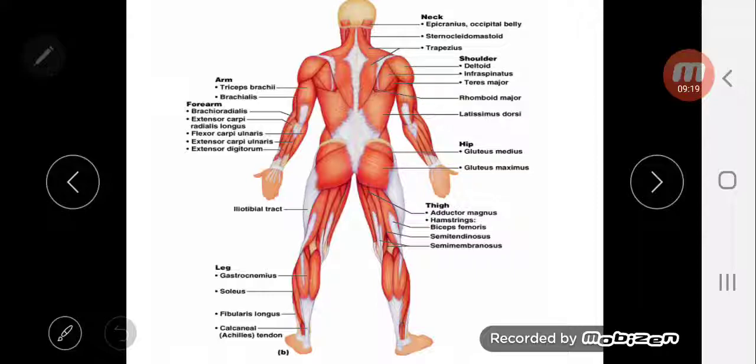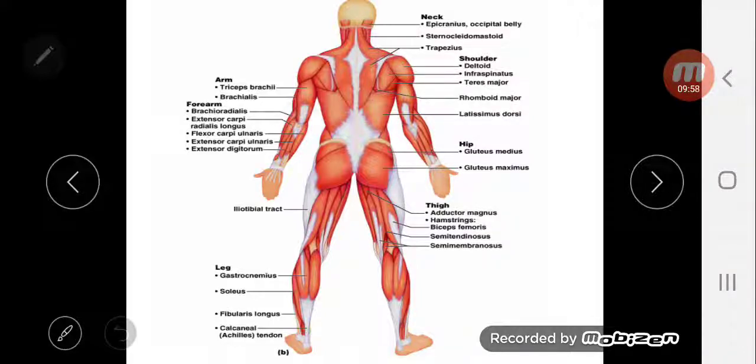In the back of the body we have in the neck epicranius, occipital belly, sternocleidomastoid, trapezius, and in the shoulder we have deltoid, infraspinatus, teres major, rhomboid major, latissimus dorsi. We have in the hip gluteus medius and gluteus maximus, and in the thigh we have iliotibial tract, adductor magnus, hamstring muscles, biceps femoris, semitendinosus, semimembranosus.